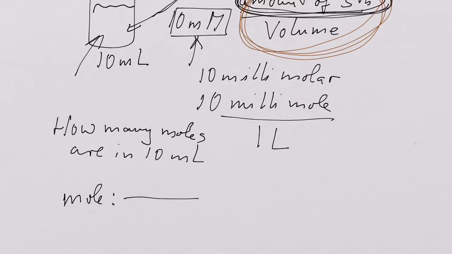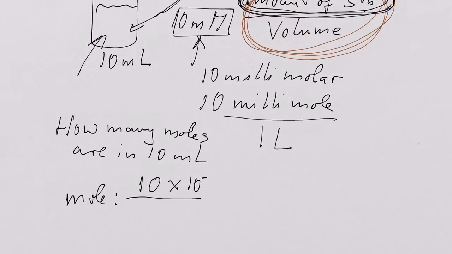So, do we have mole anywhere? Aha, we have 10 milli means 10 times to the minus 3, 10 to the minus 3 mole per liter. That's this guy here.